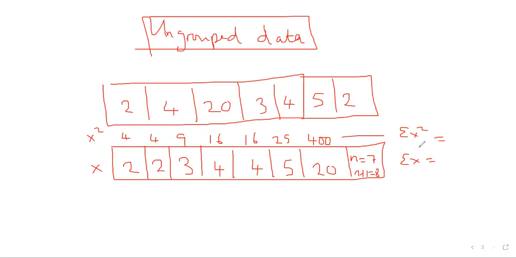So make sure you always come with a calculator. So we're going to get a 40 here. We're going to get a 424 here. And our n was 7.